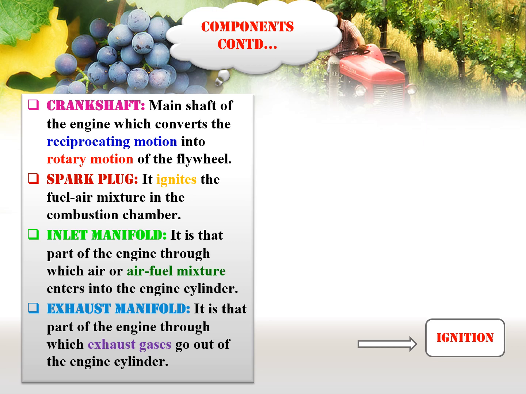To ignite the air-fuel mixture, the spark plug is provided in the combustion chamber. The air-fuel mixture draws into the cylinder through a pipe known as inlet manifold. The combustion products such as carbon monoxide escape into atmosphere through a pipe known as exhaust manifold.